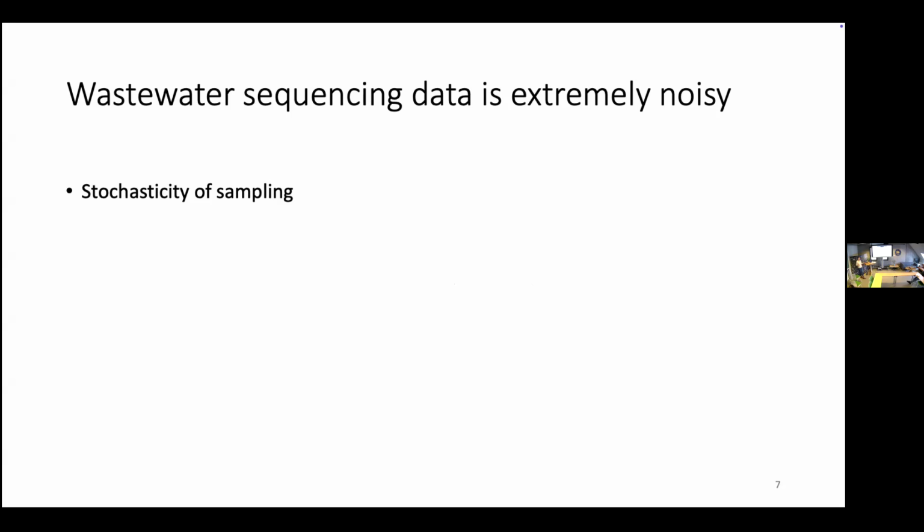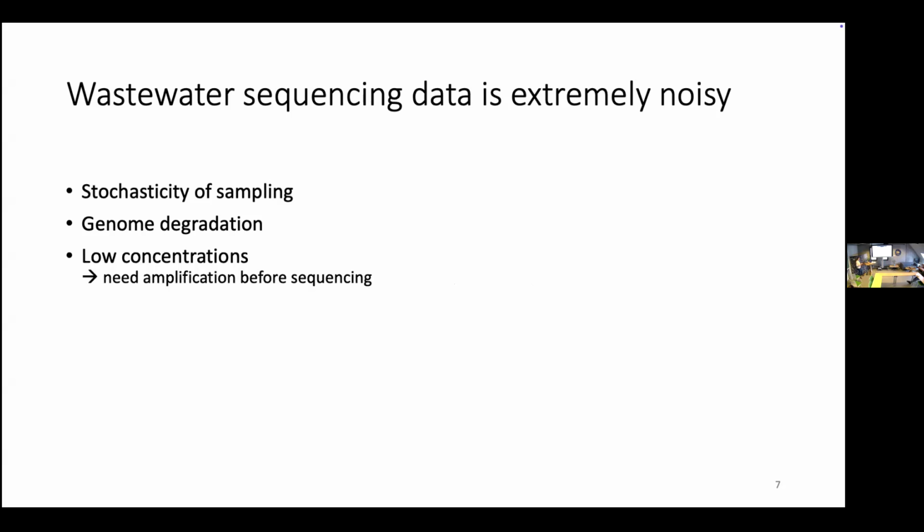So first of all, we have to deal with the stochasticity of sampling. Depending on the time of the day, you might get different concentrations and different contents of your sample. Then in the sample itself, the genomes degrade quickly. So the material that we get is actually of quite low quality and also of low concentration.